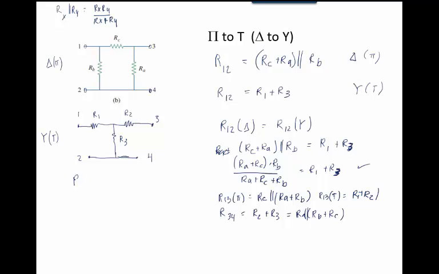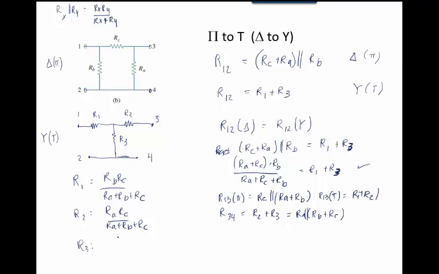and R3. And we do that, you get R1 equals RB RC over RA plus RB plus RC. And you'll get R2 equals, and it's always going to be the resistor not used in the numerator, so RA RC over RA plus RB plus RC.